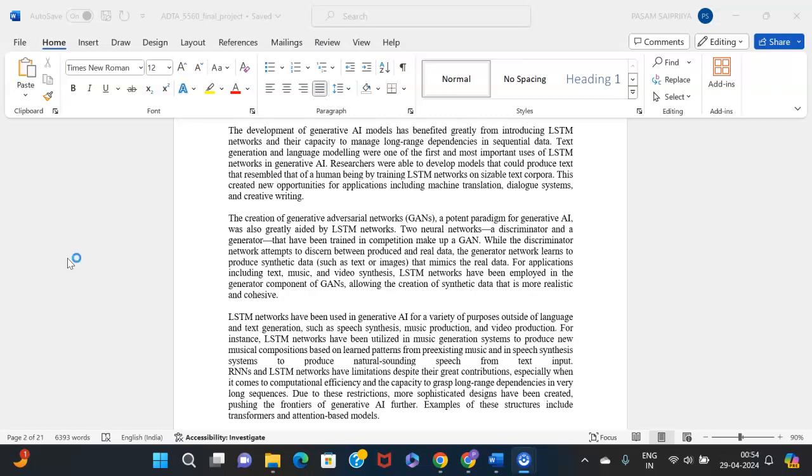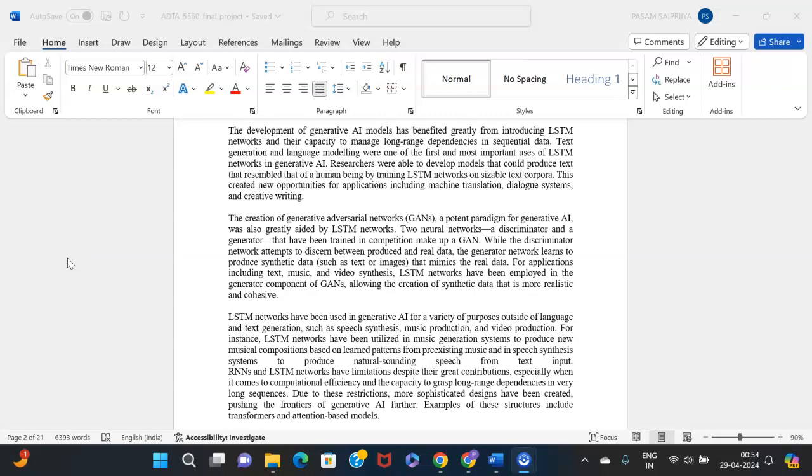Researchers were able to develop models that could produce text that resembled that of a human being by training LSTM networks on sizable text corpora. This created new opportunities for applications including machine translation, dialogue systems, and creative writing.